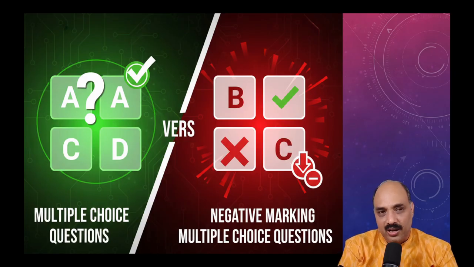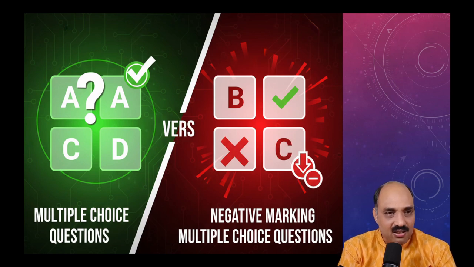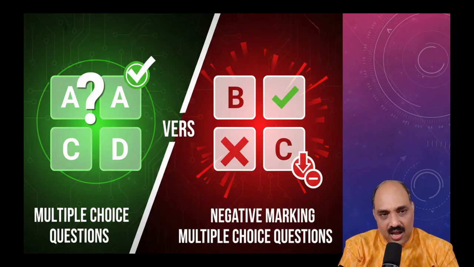So if the LLM is in a state where it thinks, I don't know the answer, I don't know whether to tick A, B, C, or D, even if I put A, I may get a reward if I am right, but I will not lose anything if I am wrong.